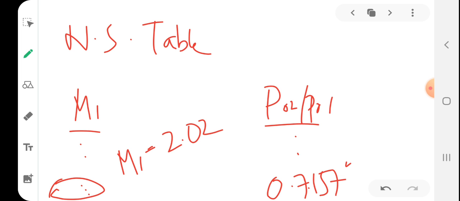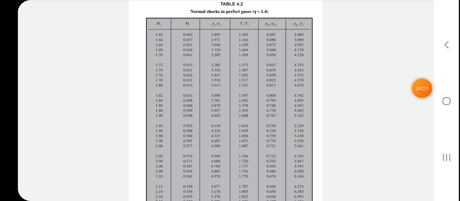Should I show you that table? Okay, I will show you. Students, have a look at this normal shock table. You can see that corresponding to P02 by P01, that is P0y by P0x, the value where it becomes 0.7157, means around 0.712, the corresponding Mach number Mx will be 2.02, right?